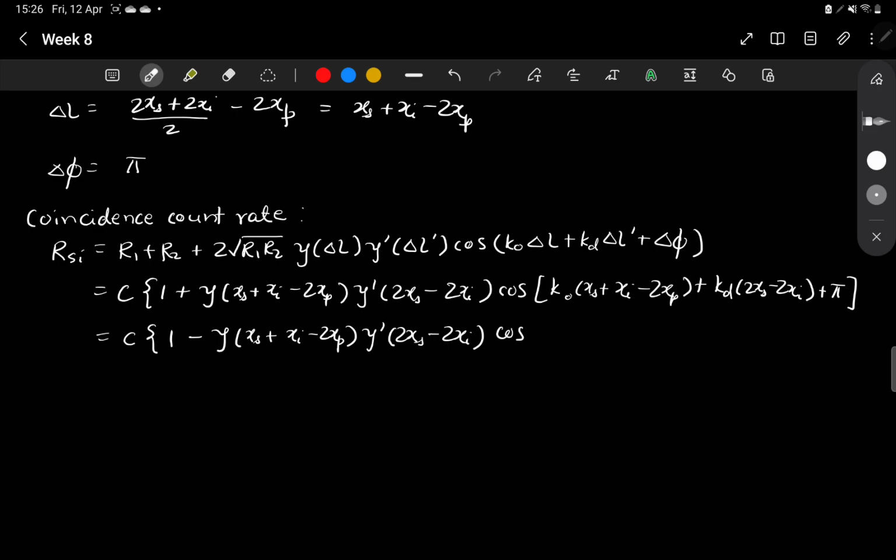And for degenerate, kd will be 0, so we will be left with k naught (xs plus xi minus 2xp), and this is coming because R1 equals R2 equals C by 2 and kd equals 0 for degenerate.